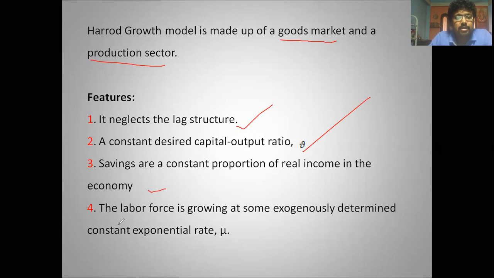And fourth feature is that the labor force is growing at some exogenously determined constant exponential rate mu. So now we explain one by one the importance of these features.